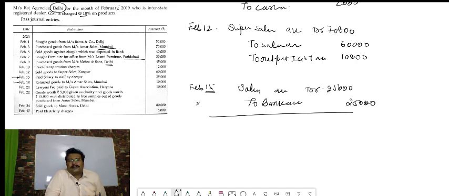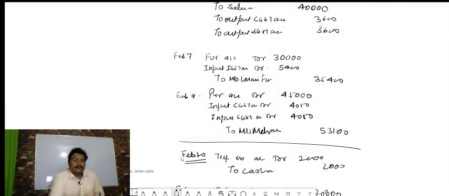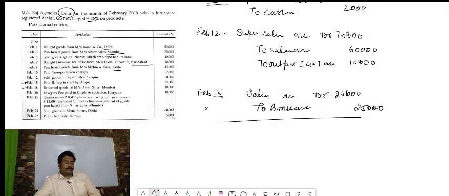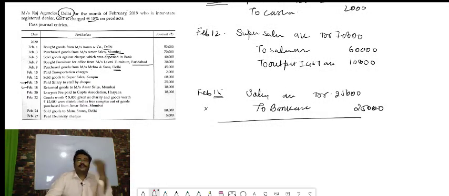And now understand the return concept. So what is the return concept? Dekho bacha, whenever we purchase goods, we pay the GST, and at that time input CGST is debit, input SGST is debit. Getting my point? So whenever we are purchasing goods, input GST will be charged on the debit side. But when we are returning the goods, purchase return, we have to decrease the GST paid also.